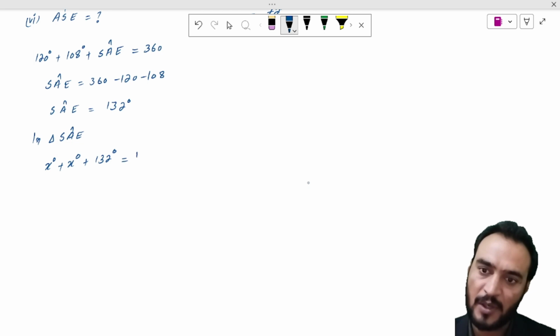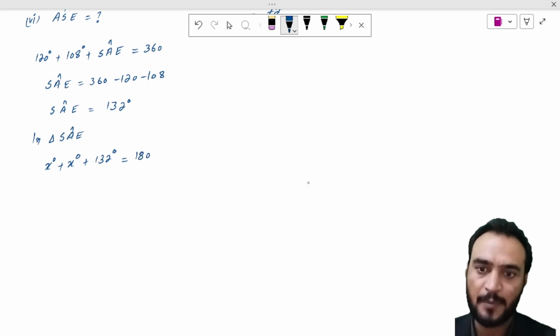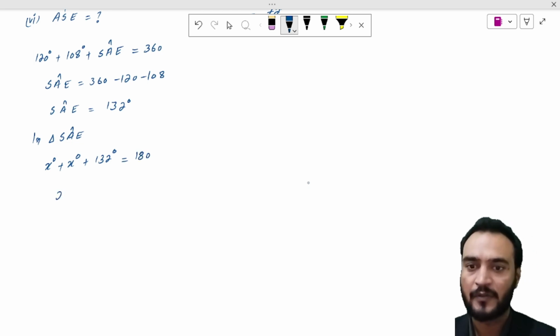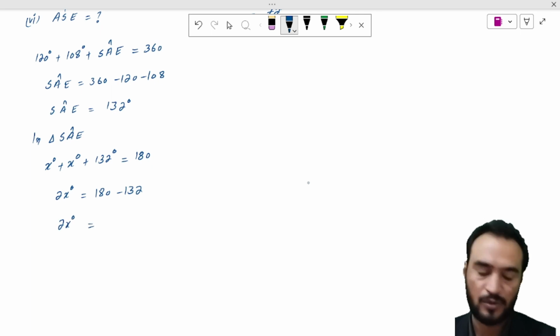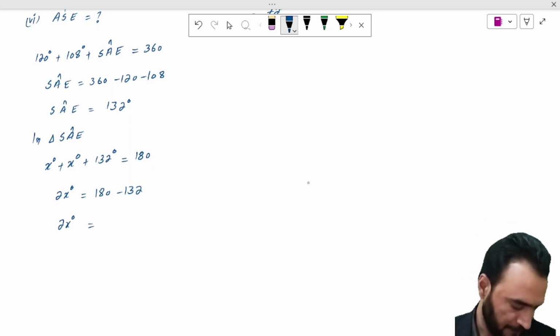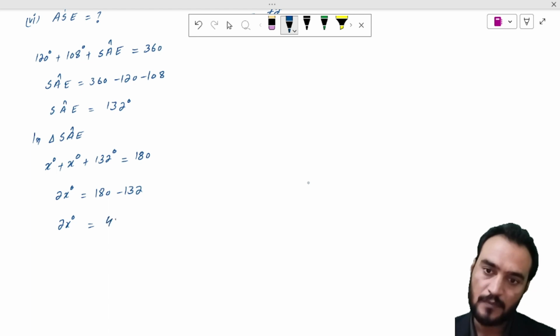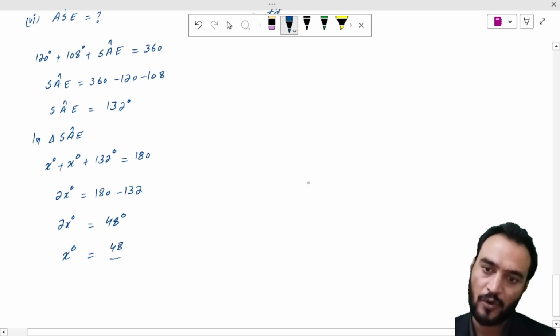We put this sum equal to 180 degrees. Subtracting 132 from 180, we get 2x degrees equals 180 minus 132, which is 48 degrees. Dividing it by 2, x degrees is 48 over 2, which is equal to 24 degrees.